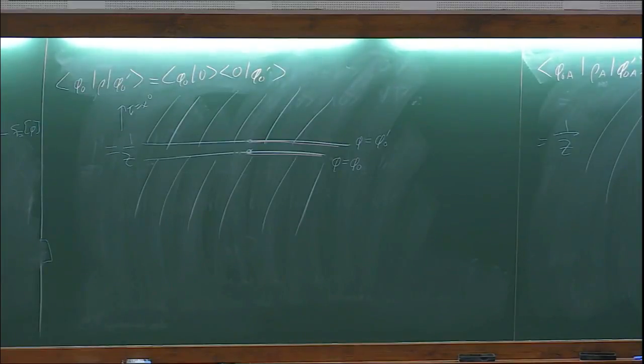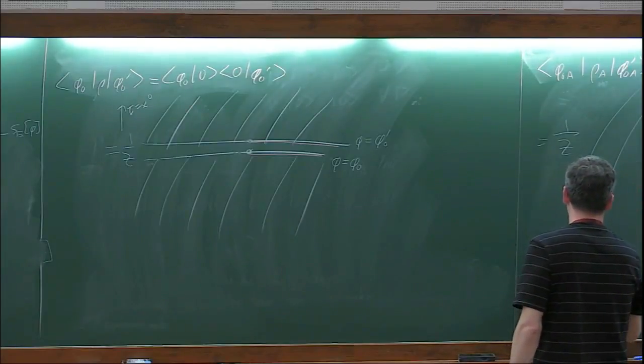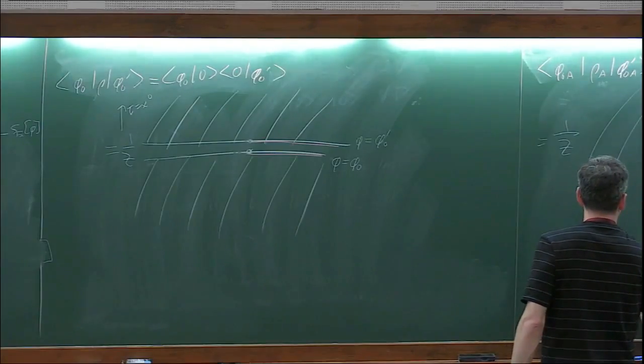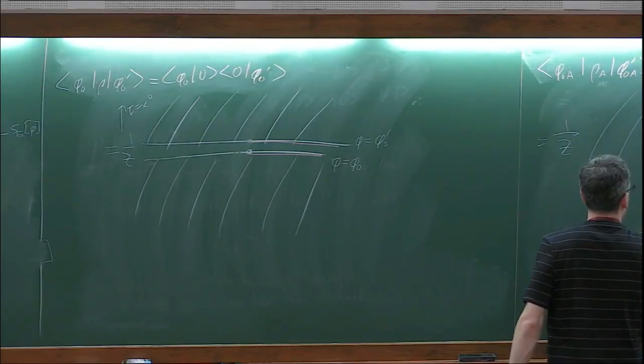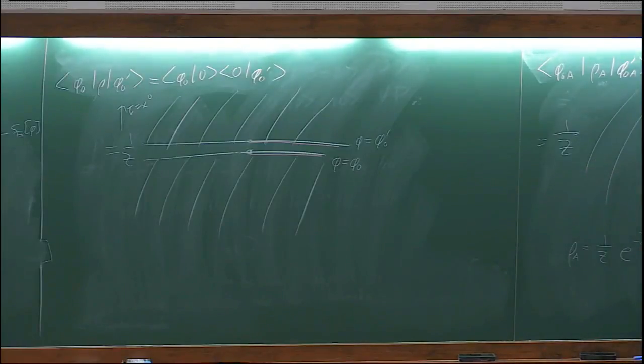And this rho sub A is 1 over Z times e to the minus 2 pi R, where R is the generator of Euclidean rotations. But what is the generator of Euclidean rotations? Once you flip back to a Minkowskian point of view, it's a boost.